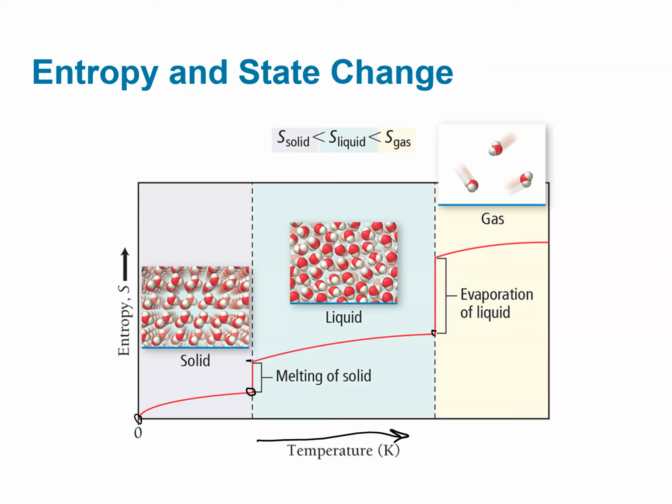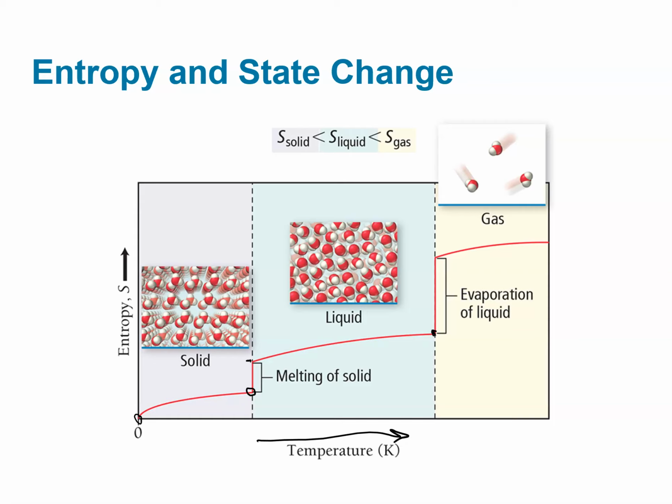Also note, the same thing happens as we continue to heat the liquid. It's slowly increasing the amount of entropy of the liquid because of that vibrational and translational character of the molecules being excited by all this new thermal energy.